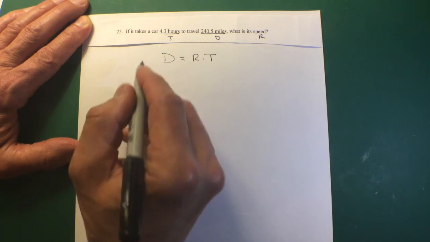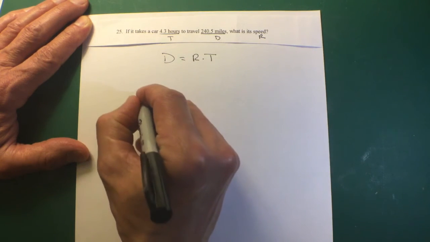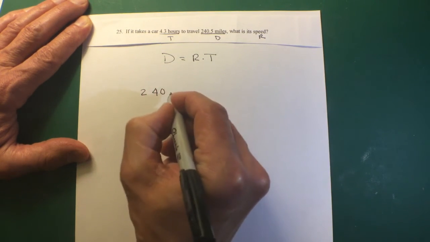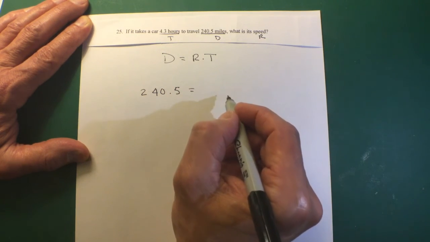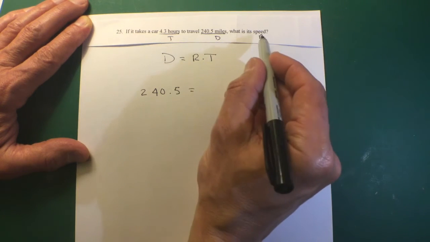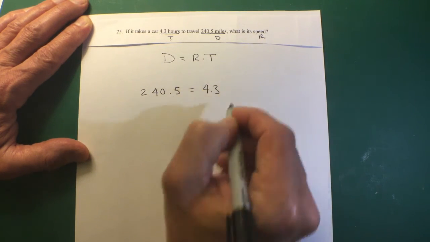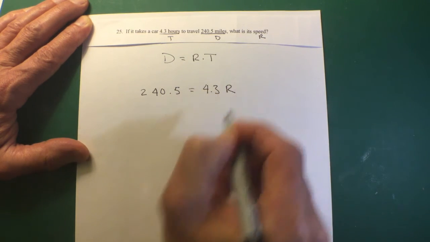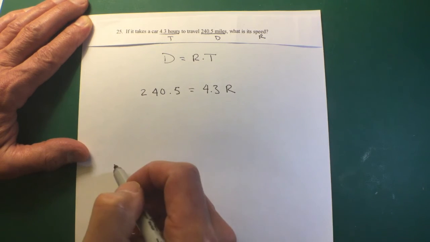So let's begin to plug things in. So if D equals R times T, let's take D. So we have 240.5, and that's going to equal rate times time. Now we don't know the rate, but we know the time. So let's put 4.3. We'll call it R. So remember, when a letter is right next to a number, it means to multiply.